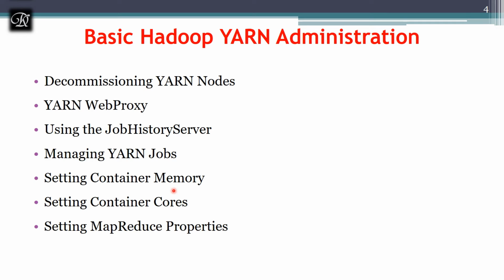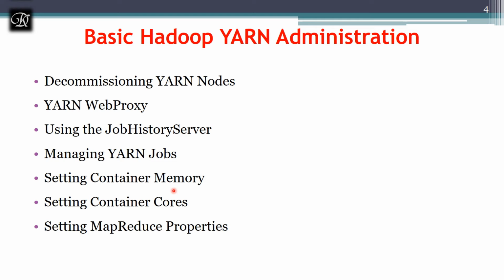And finally, setting the MapReduce properties. As noted from the beginning, we are using MapReduce, which runs on top of yarn. It is also necessary to set some MapReduce configurations by editing the mapred-site.xml. These relate to the map and reduce containers.